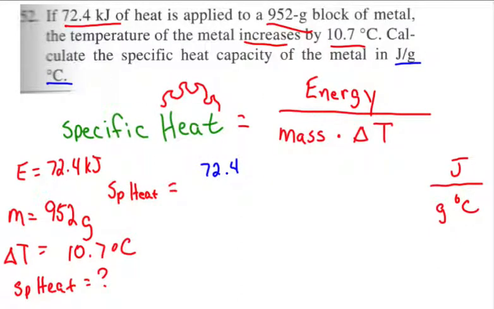So I need to change my kilojoules into just joules. So 72.4 kilojoules is equal to 72,400 joules. You can do a conversion factor if you want. I just know that from analyzing it. So let's plug that in. 72,400 joules.